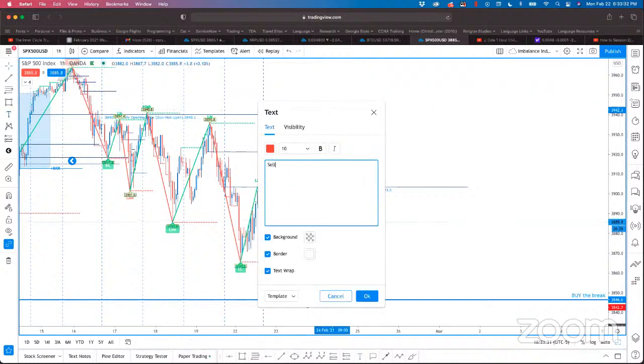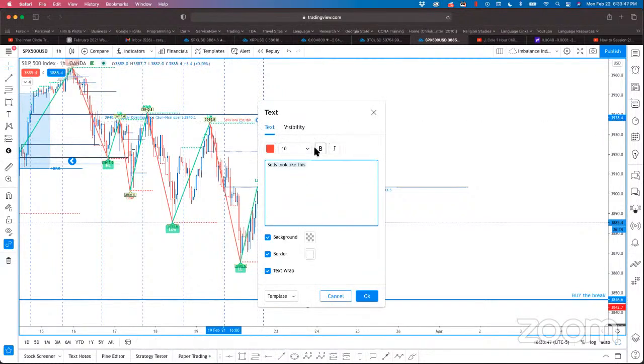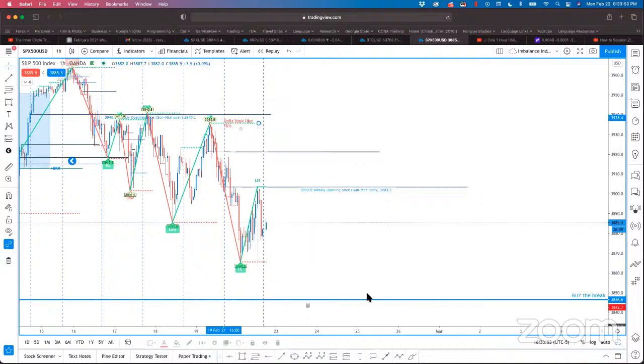This is what a sale looks like. A sale looks like this, right? I want to sell when I'm selling the trade.